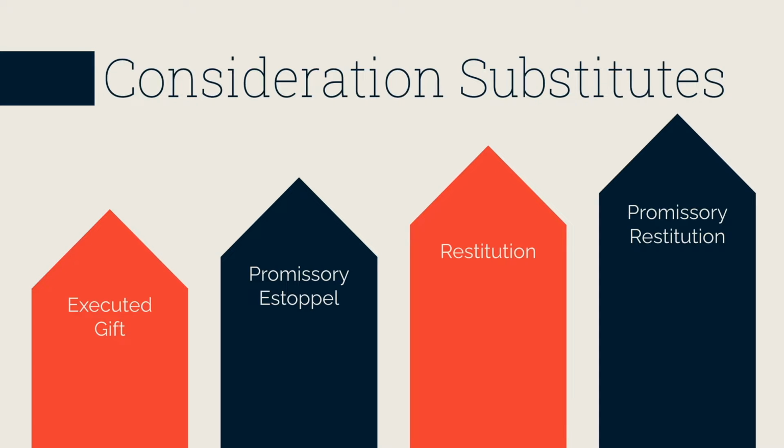And with promissory restitution, there's a limitation: the promise made by the promisor will only be enforced up to the value of the benefit bestowed by the promisee on the promisor. And remember, it must be very direct, right? The promisee is in fact the person who bestowed the benefit on the promisor, not someone who bestowed it on somebody else. So those are our consideration substitutes.